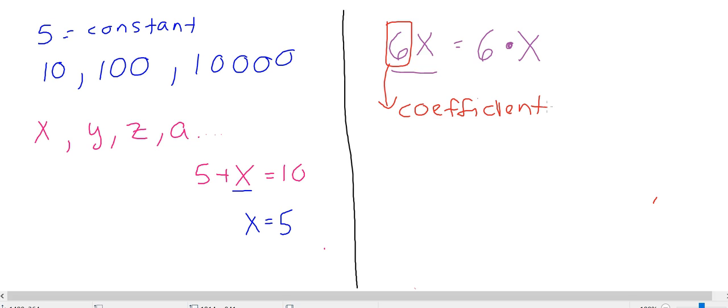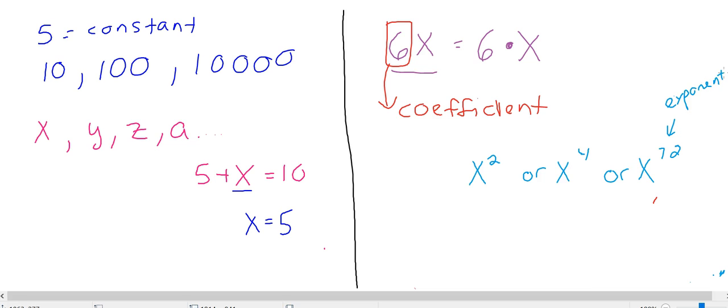You can also have a variable that's raised to an exponent, like x squared, or x to the 4th, or x to the 72nd. Doesn't matter. This is called an exponent.